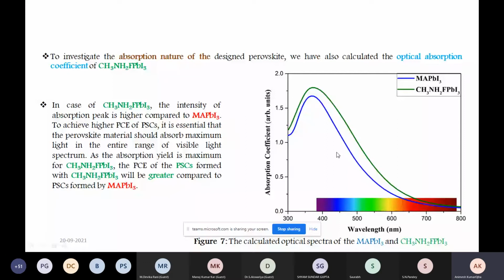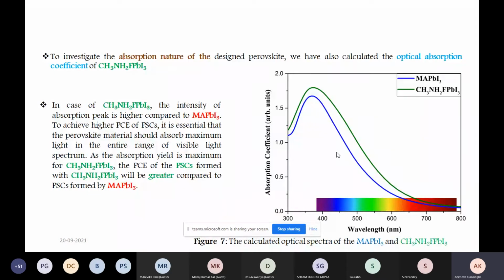So in this part we have resolved the stability, which is improved by this newly designed material, and the energy harvesting from the sun also got improved because the absorption area is increased compared to the original methyl ammonium lead iodide perovskite. So this part is nicely presented in this work.